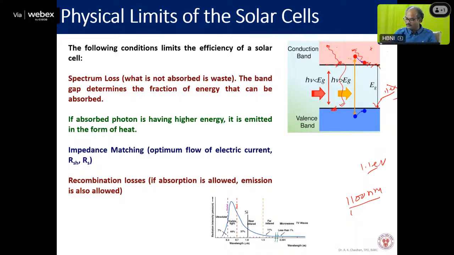For any photon energy, one photon can excite only one electron in this case. So if the photon has, say, 1.5 eV energy, it will excite only one electron. 1.1 eV is used for going from this to this, and the remaining 0.4 eV will be above this level, and that will not be converted, because only one electron and hole pair is generated here.